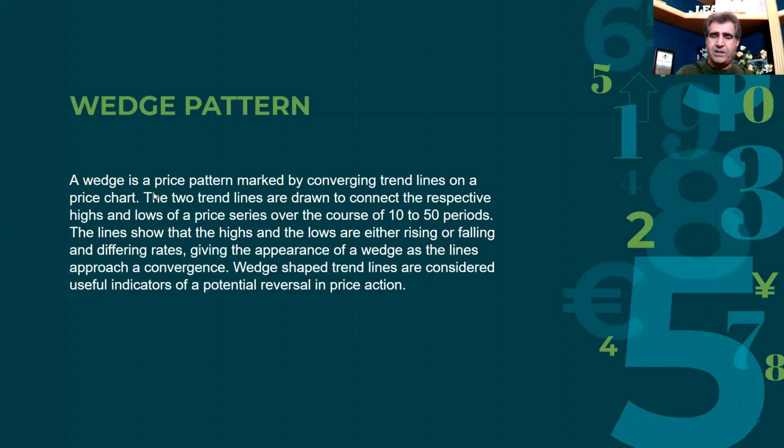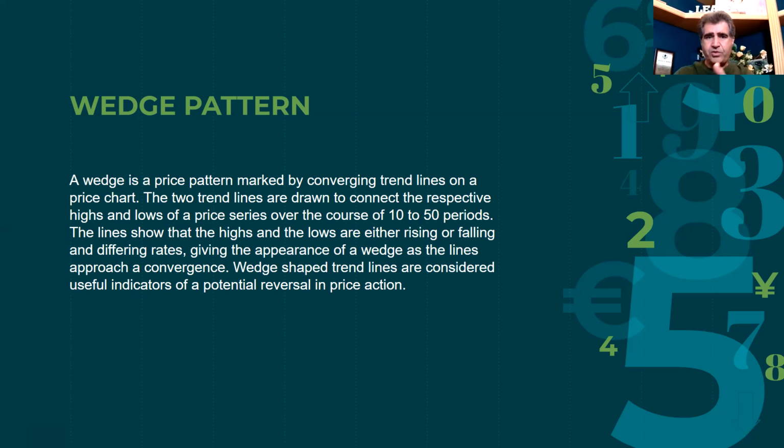The next one, the fourth one, is one of my favorites, the wedge pattern. Wedge patterns develop over 10 to 50 periods. You can use it on a daily, on 60 minutes, on 5 minutes. Basically, you should have about 10 to 50 periods. It's like the converging of the trend lines.